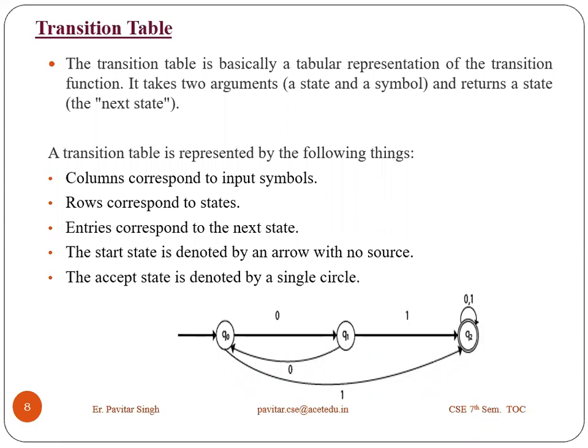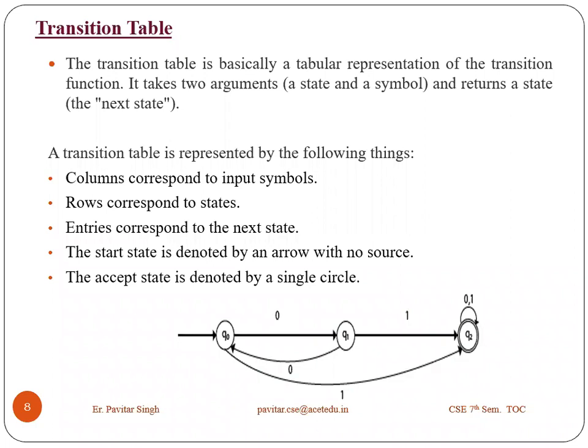So Q naught, upon the processing of 0, goes to Q1. So here Q1 is your next state, right? How will you represent it?